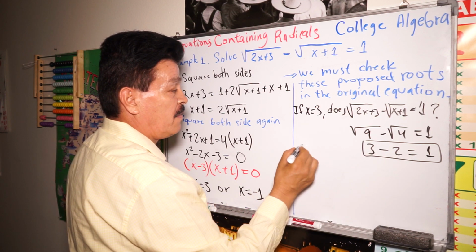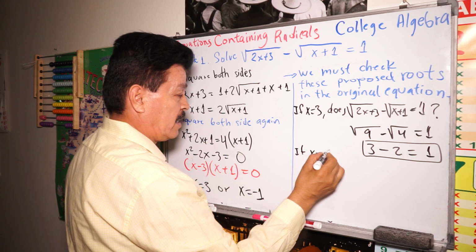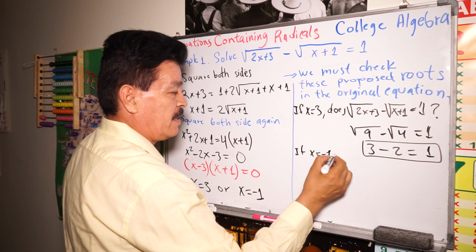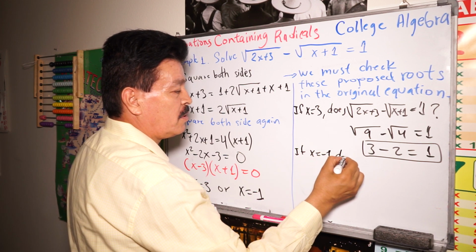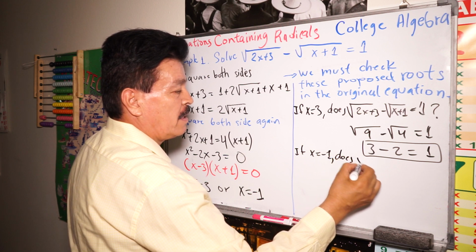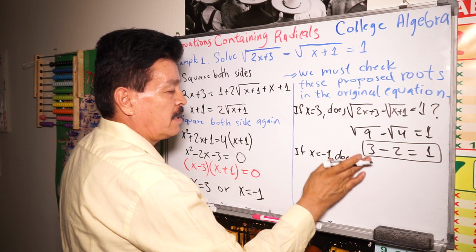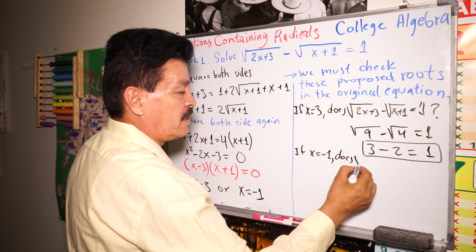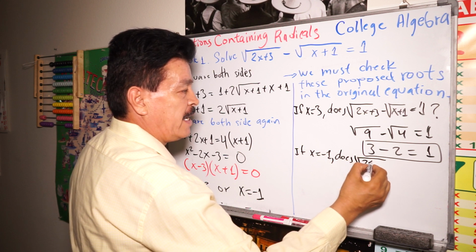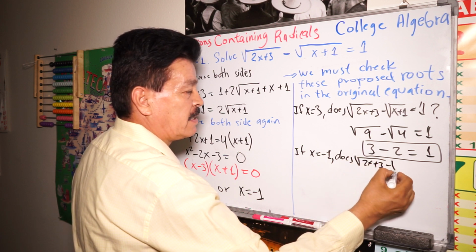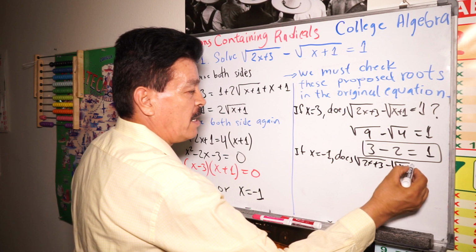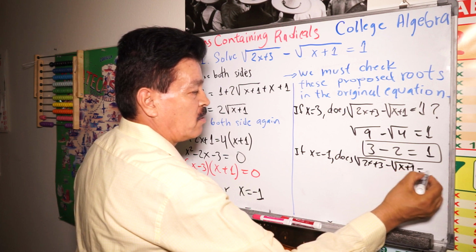Next one, if x equals negative 1, use the original equation: the square root of 2x plus 3 minus the square root of x plus 1 equals 1.